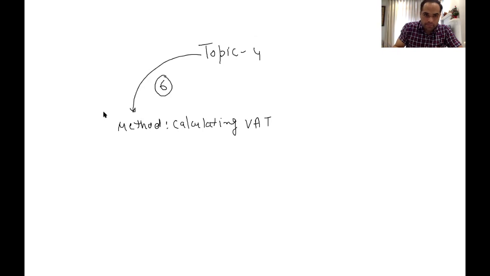So let's start with the methods. These methods involve the direct method and the credit method.